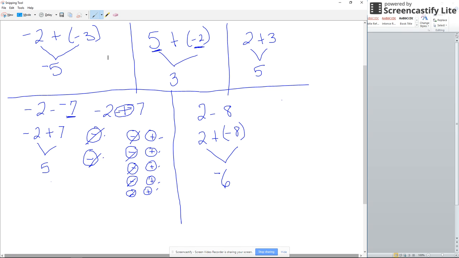Look at it with counter chips. I have 2 positive counter chips, and I'm taking 8 positives away, but I don't have 8 positives. So to go from 2 to 8, I'm going to add 6 0 pairs. And I'm just going to mark these because I don't have any actual color chips up here.